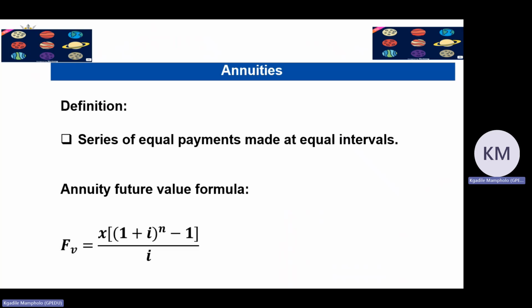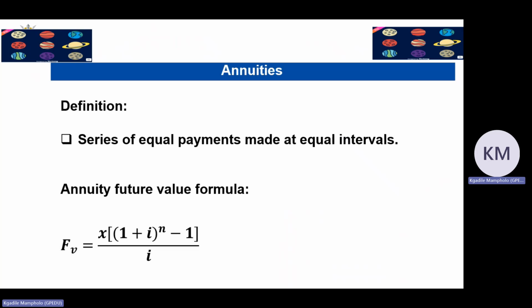For instance, if you go to the bank and make a stop order to say you want them to deduct 2,000 rand every month or every quarter or every semi-annual for a certain period, that amount must be fixed, and the time interval must remain the same.